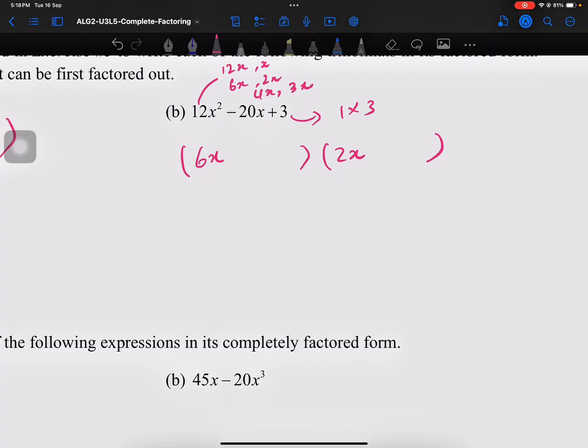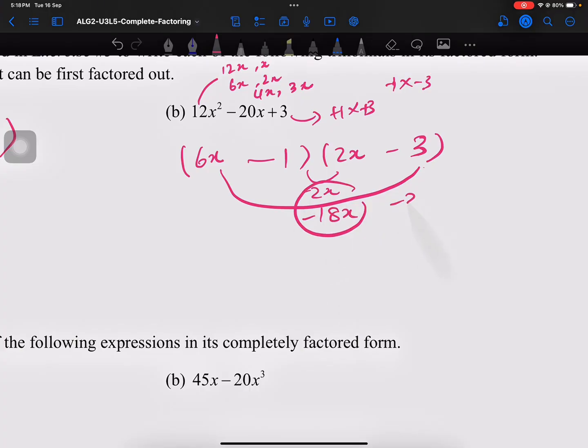So either both plus or both minus. If we put plus, it is 2x, 18x. When we add, it becomes positive 20. So we know that now we need to put minus for both. Negative 2x, negative 18x. So when we add, it becomes negative 20x. So this is the correct factor.